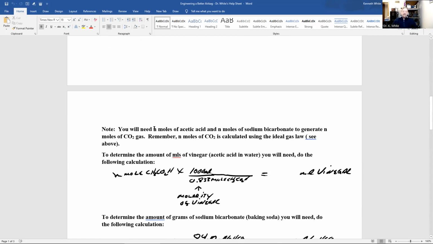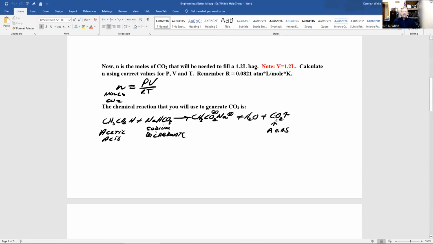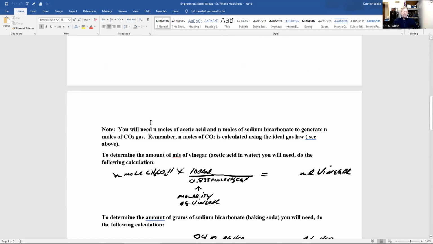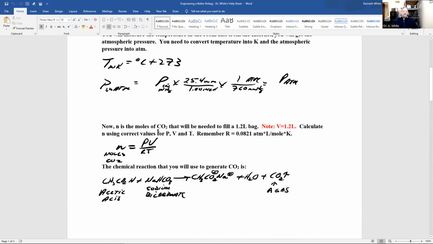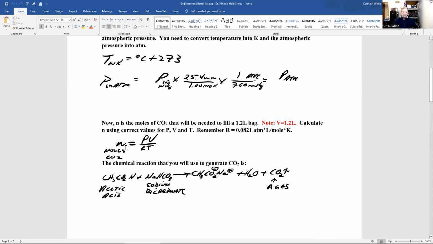Note, since 1 mole of CO2 needs 1 mole of the acetic acid and also 1 mole of the sodium bicarbonate, you'll need n moles, which you calculated using this equation right here, PV equals nRT, for these values.